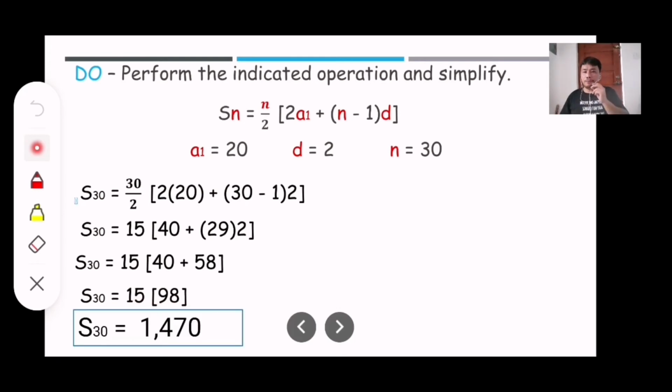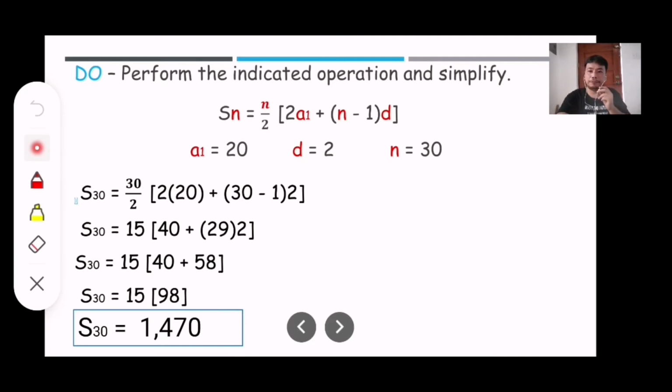So we will have 1,470 seats. So all in all, if we're going to add the numbers of seats from the first row up to the 30th row in that auditorium, that will be equal to 1,470 seats.